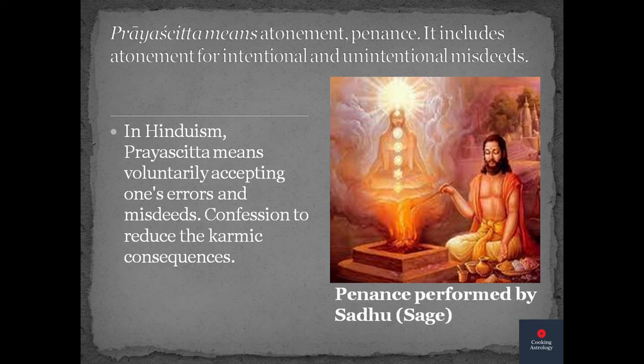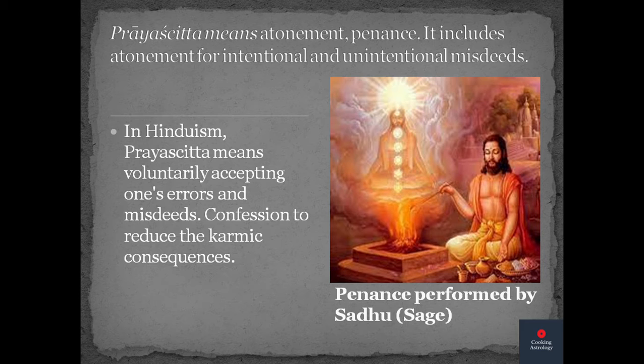See, Prāyaścitta means atonement, penance, and it includes atonement for intentional and unintentional misdeeds. Especially in Hinduism or in Jyotish Shastra, Prāyaścitta means voluntarily accepting one's errors and misdeeds.